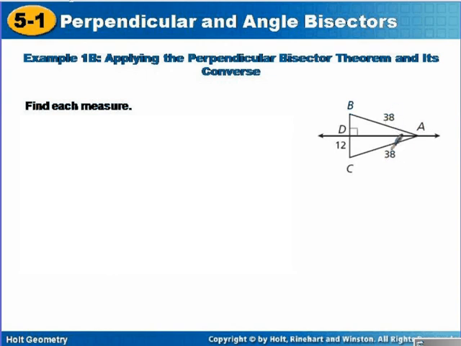Since these two distances are equidistant, we know that line DA is bisecting the line segment BC. So if one half of BC is 12, then the other half of it should also be 12.